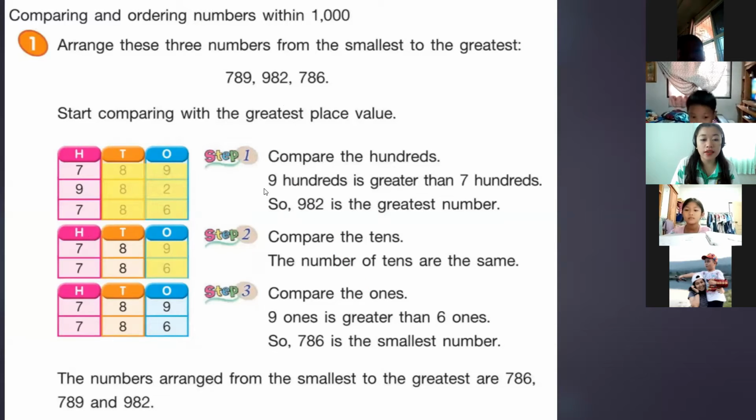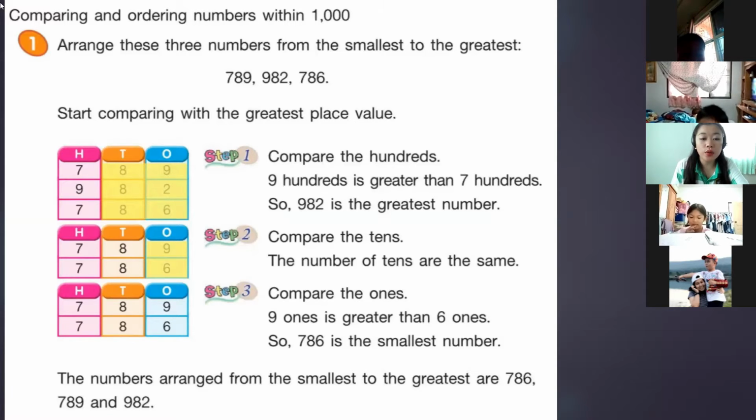When we say greater than, this is a big number, the biggest number. So 9 is bigger than 7.